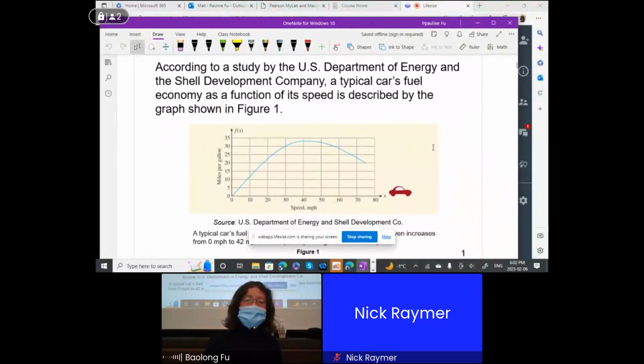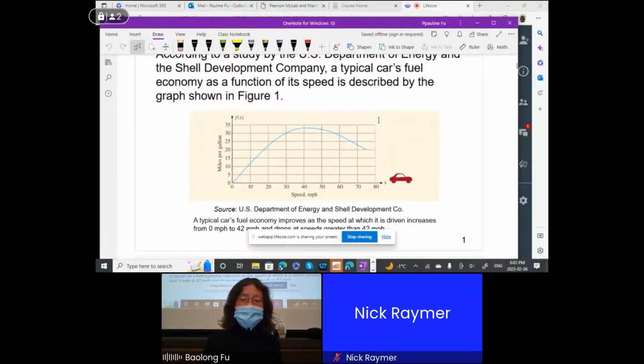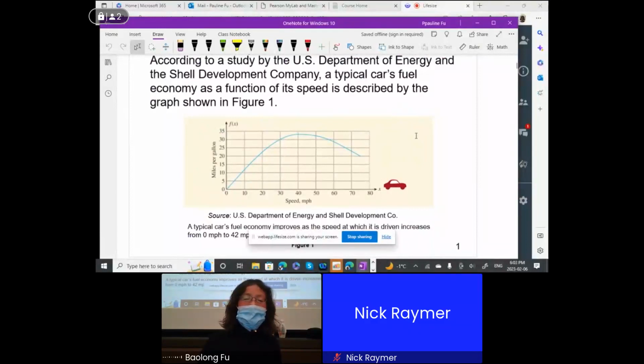So look at this example here. It is from the Department of Energy and Shell Development Company. This is the typical car's fuel economy as a function of its speed. The speed is measured in miles per hour.